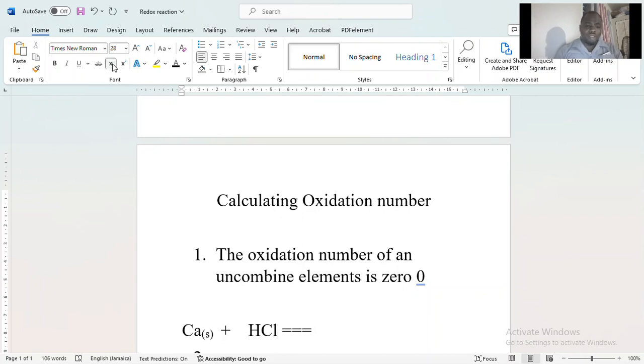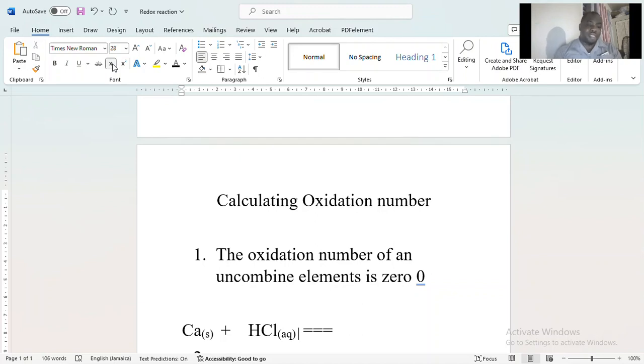Now, just to recap, we know when a reactive metal reacts with an acid, we have a displacement reaction happening, because if you know anything about the reactivity series, we know that calcium is higher in the reactive series than hydrogen.